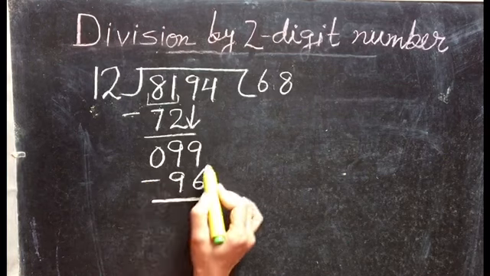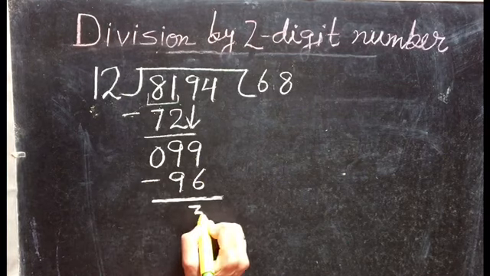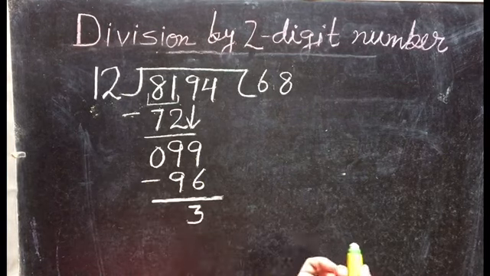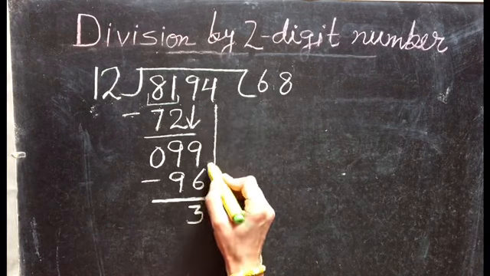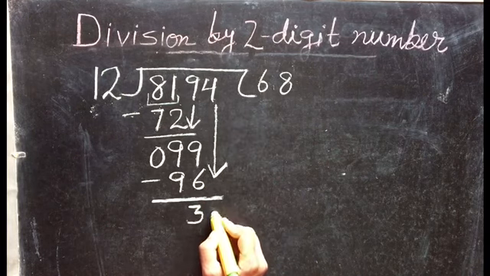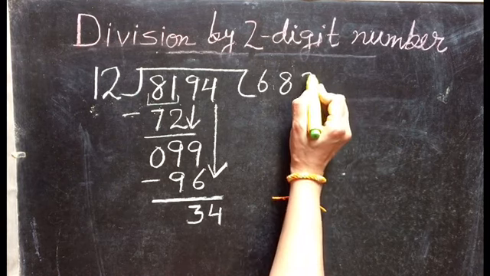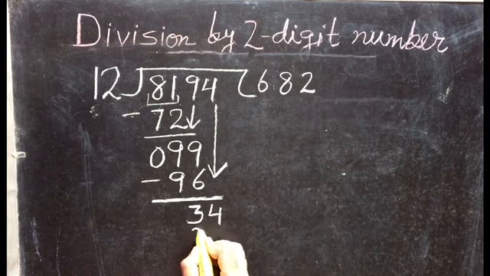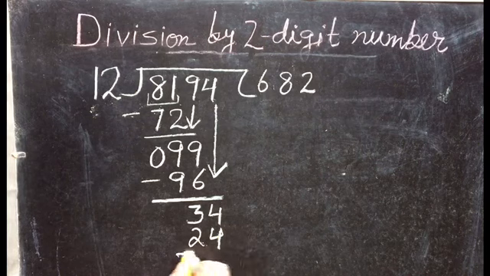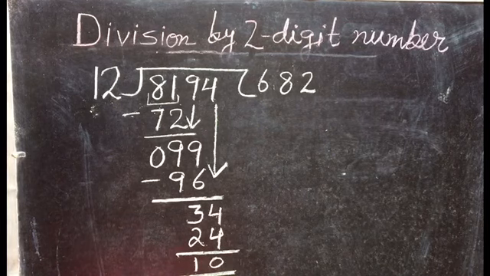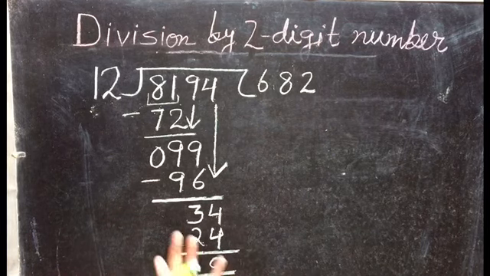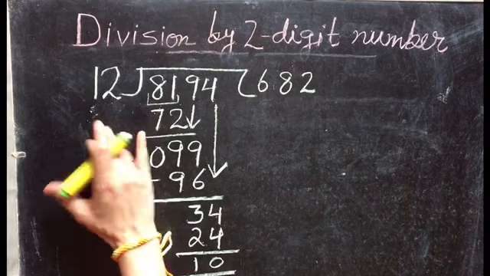So subtract it, 9 minus 6 is 3. This 4 will go down here, 34. Now 12 2s are 24. So the remainder is 10. Fine. So this is your question using the two-digit number.